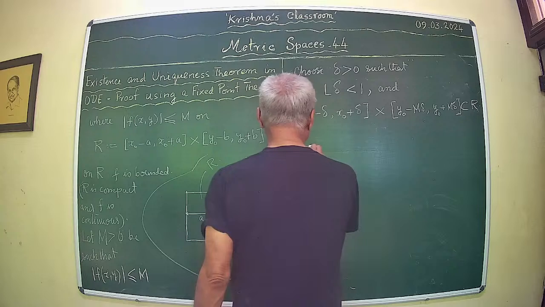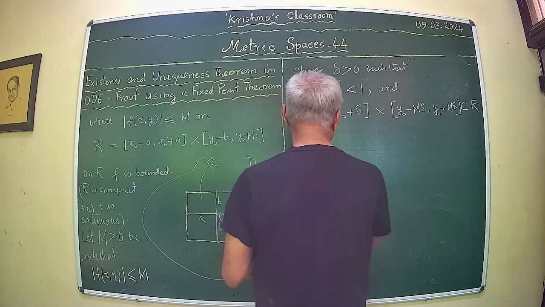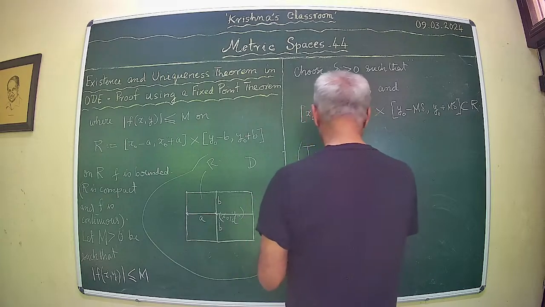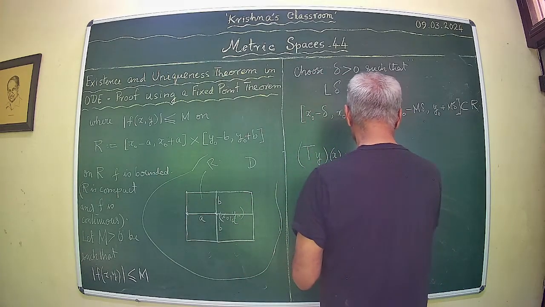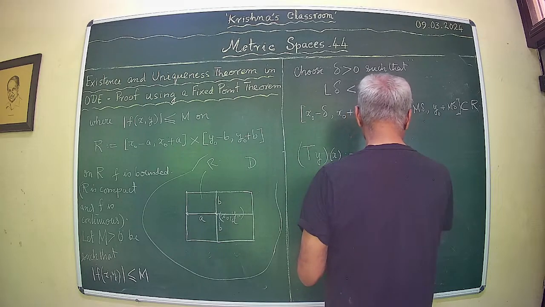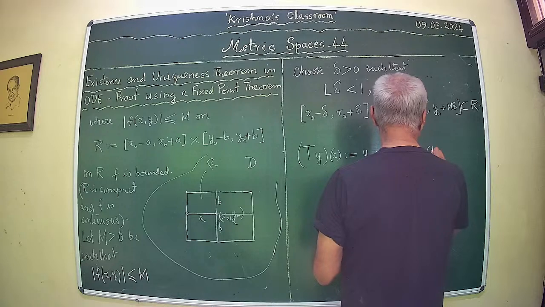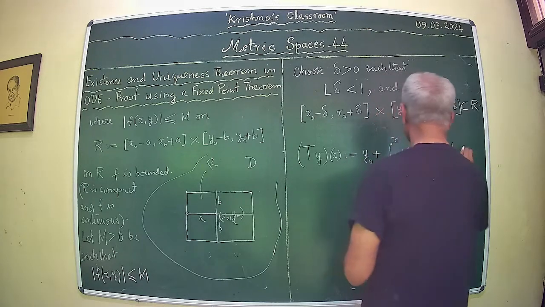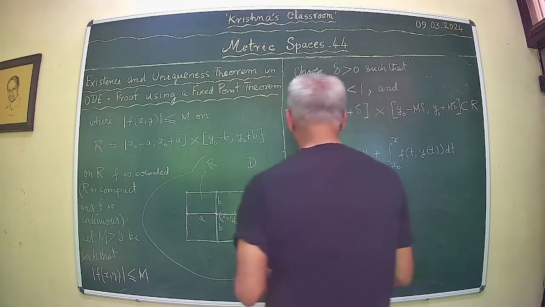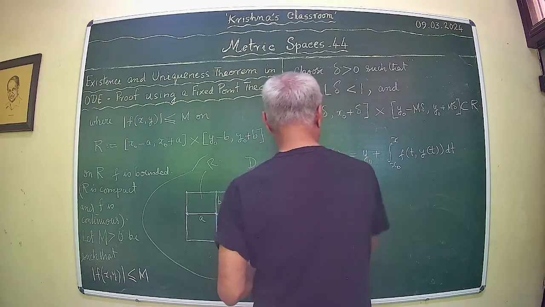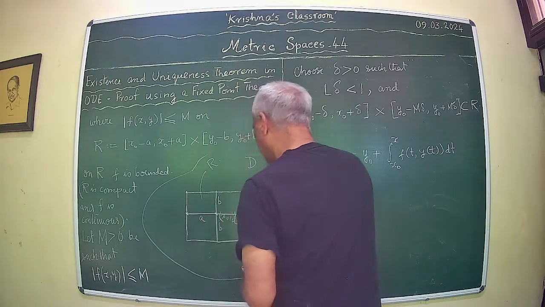Now, T y we have defined it as, therefore, let us work out this. So, this is a function. How far is this function from y naught, this line?